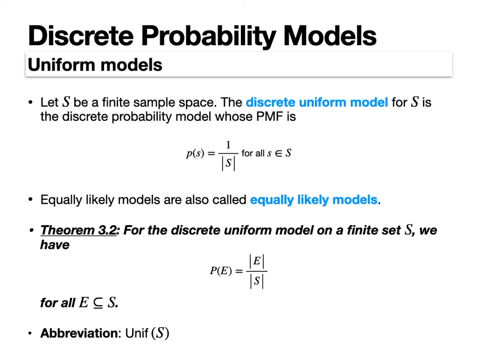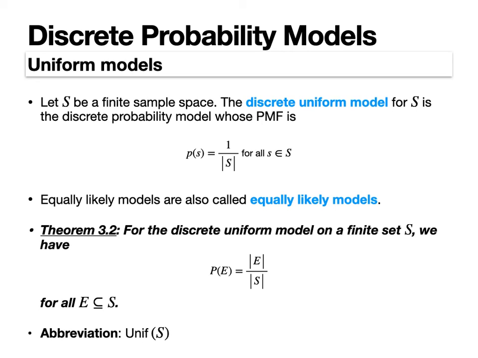They're called equally likely models, or discrete uniform models. In a discrete uniform model, you've got a finite sample space, and the probability of each outcome is equal, so it has to equal 1 over the number of outcomes. We've seen this before, theorem 3.2.